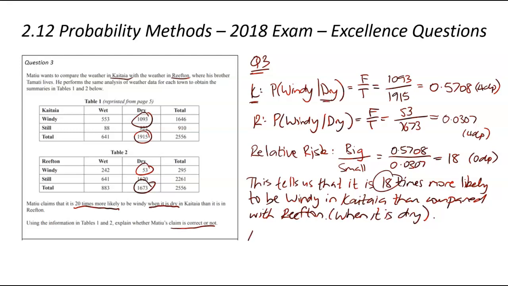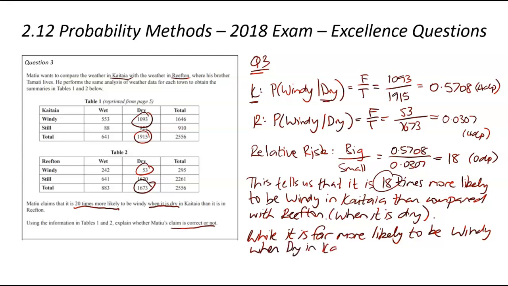I therefore disagree. Oh, so maybe we should say, while it is far more likely to be windy when dry in Kintyre compared with Reefton, the claim, so I'm going to put the person's name, is incorrect.